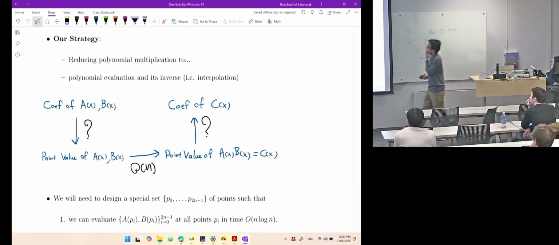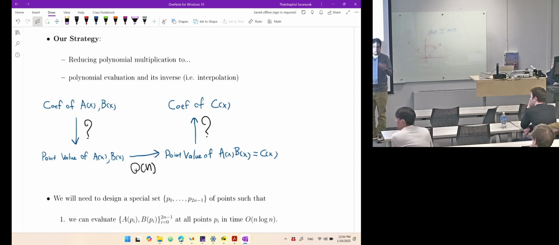Instead of working with the coefficient representation, we map it to the point-value representation of A and B. Once we have the point-value representation of A and B, you can get the multiplication really easily. Just multiply pointwise, and then turn it back to the coefficient representation of C. So the key question is then, what is the point set that you plan to evaluate on, and how to do that fast? That's the key question.